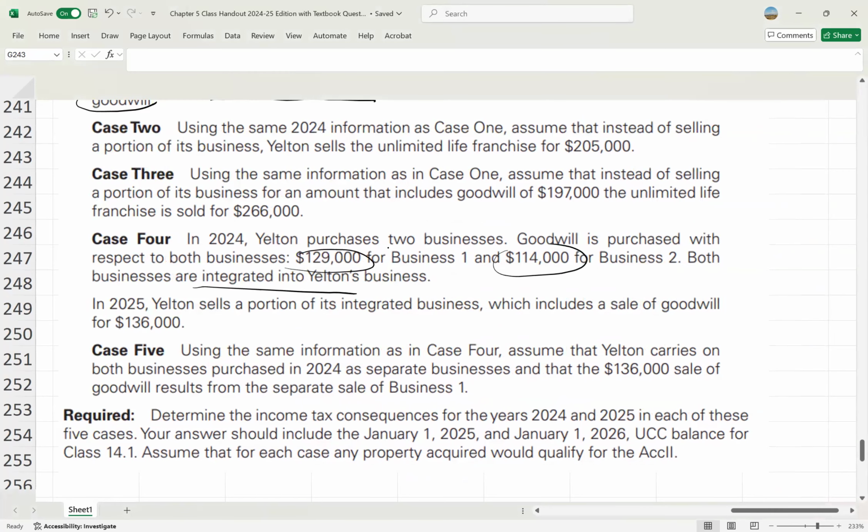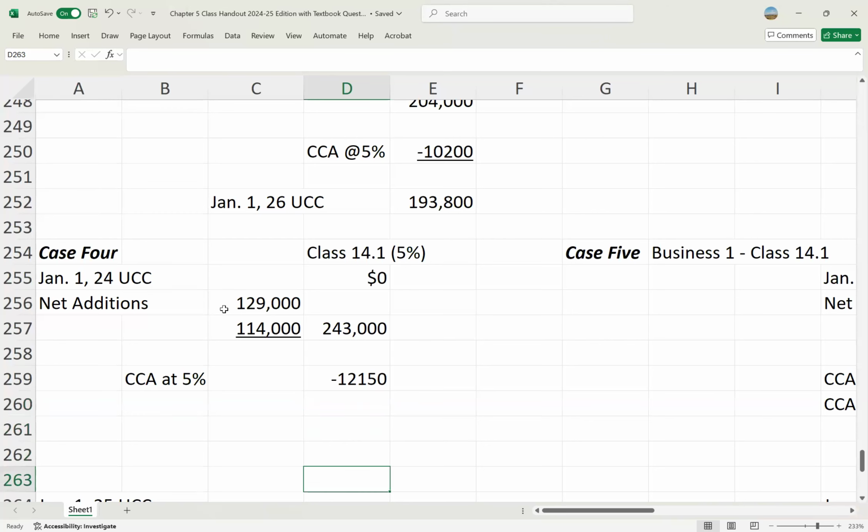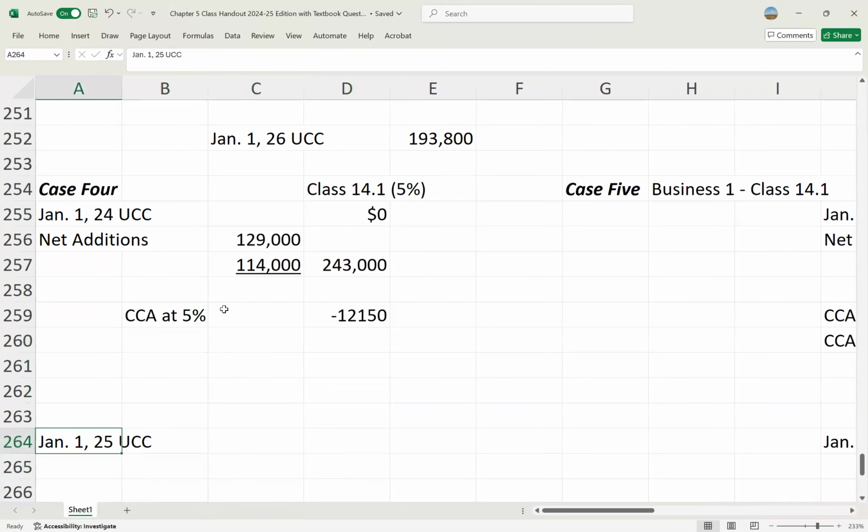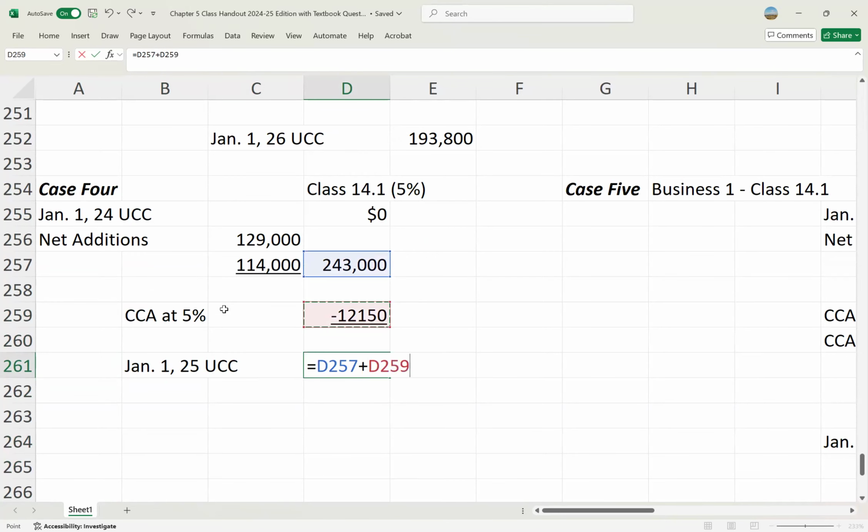The CCA at 5%, so basically it's just going to be 5% of 243,000. So 12,150. And so then the balance to start off next year is going to be 230,850. So that calculation is fairly straightforward.